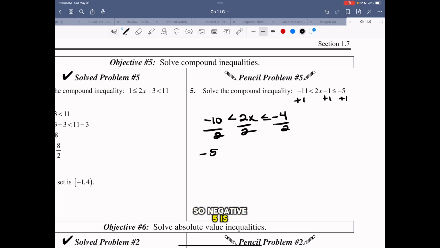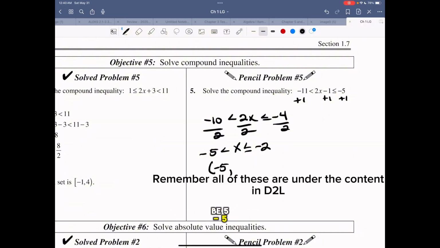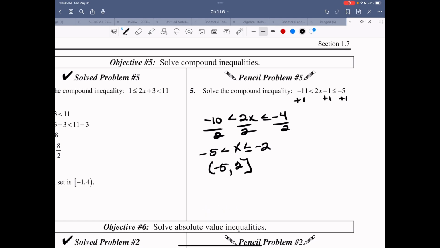So negative 5 is less than x, which is less than or equal to negative 2. And then if you were to write this in interval notation, it'd be negative 5, comma 2 with a bracket. Okay?